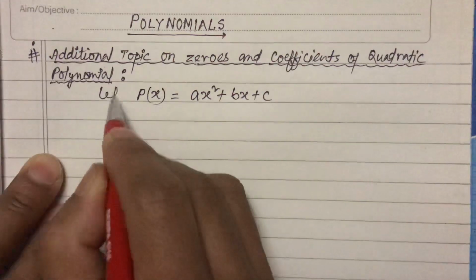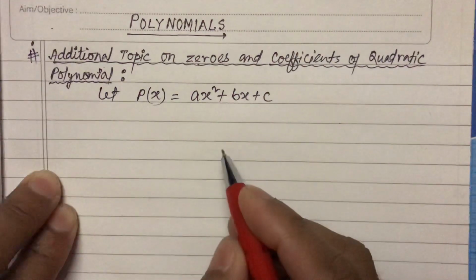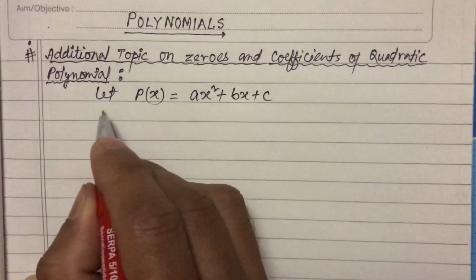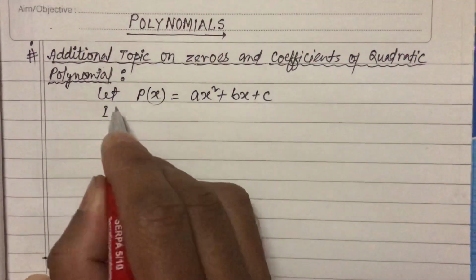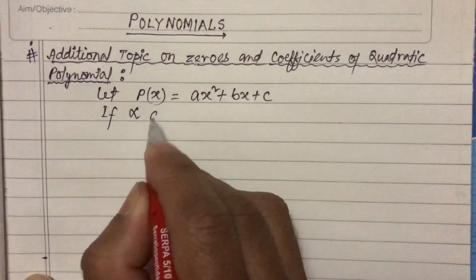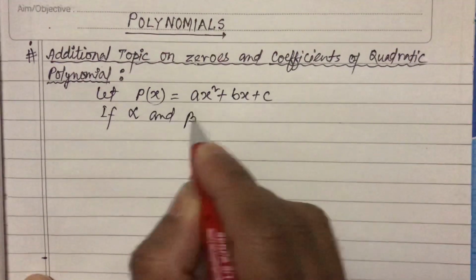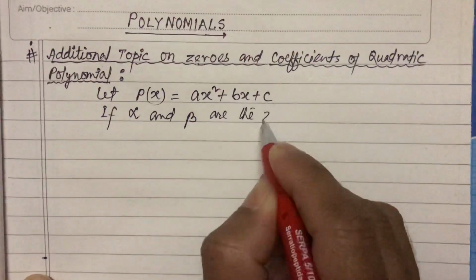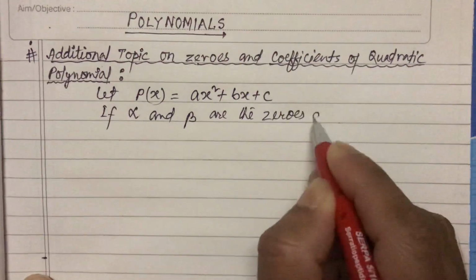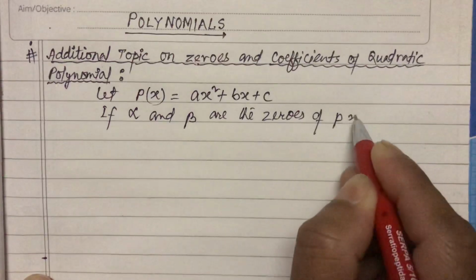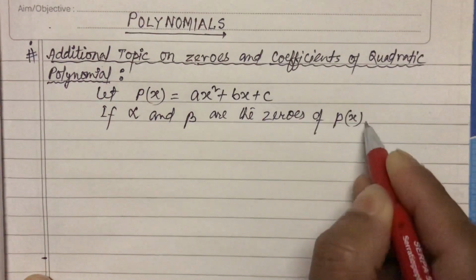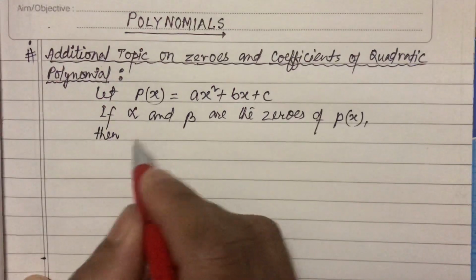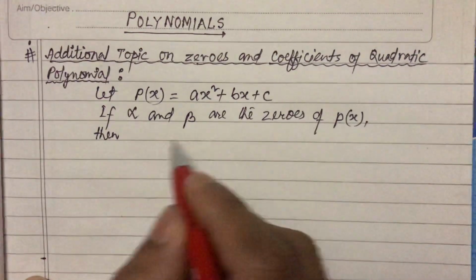Let p of x equal to ax square plus bx plus c. If alpha and beta are the zeros of p of x, then we know the relation between zeros and coefficient.